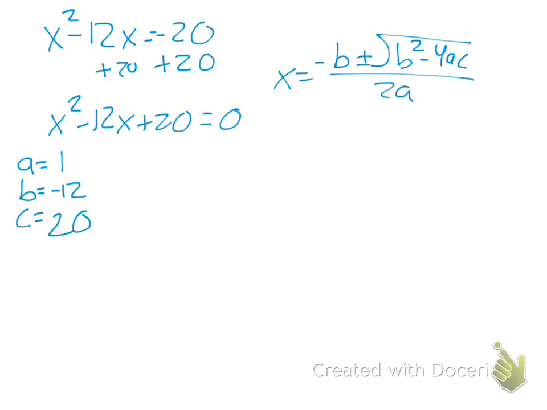So, here we go. X equals the opposite of negative 12 plus or minus square root of B again was negative 12, but negative 12 will be squared minus 4 times A times C. What was A?